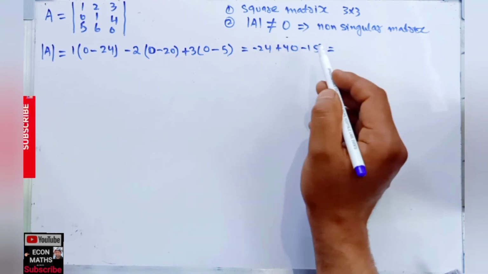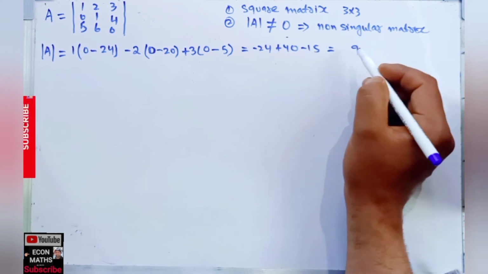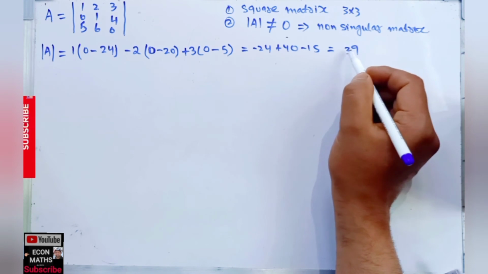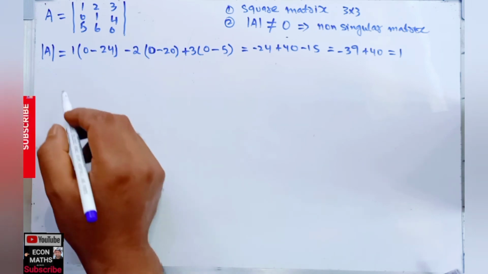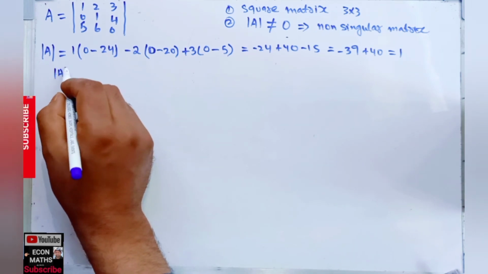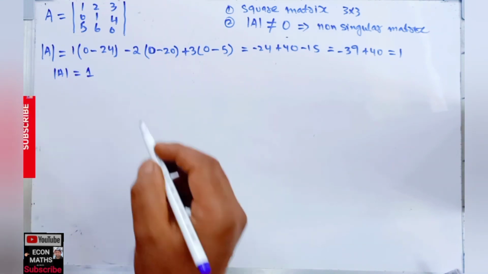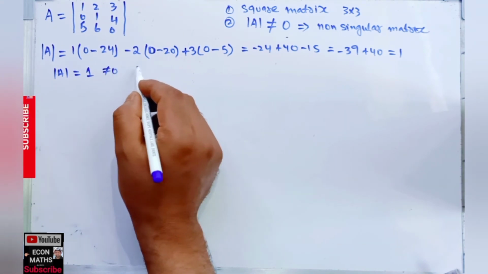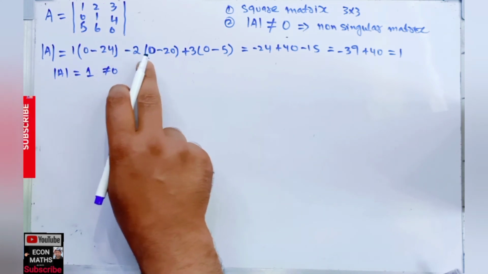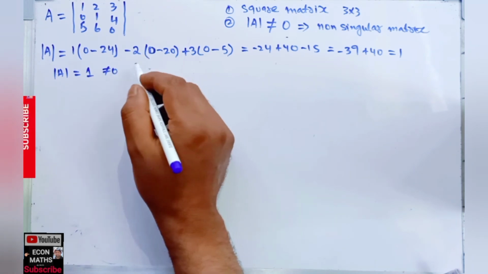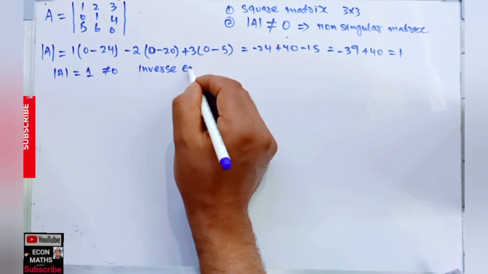Minus 24 and minus 15 is minus 39, plus 40, that is equal to 1. Here the determinant is equal to 1, which is not equal to 0, which implies we can find the inverse. Therefore the inverse exists.